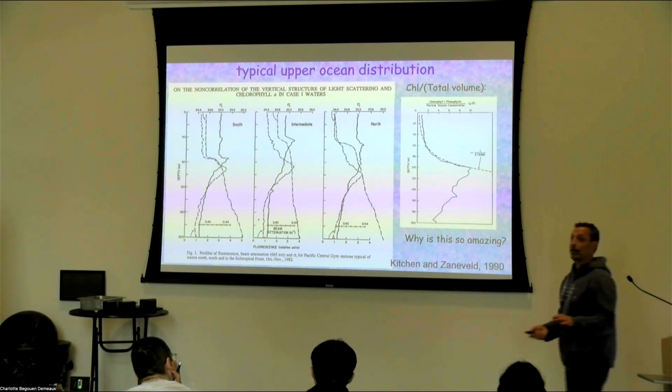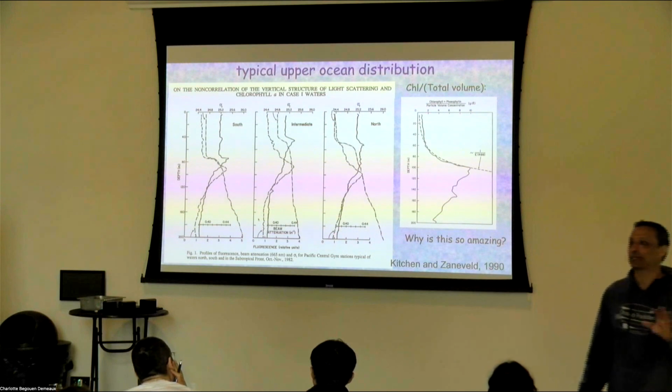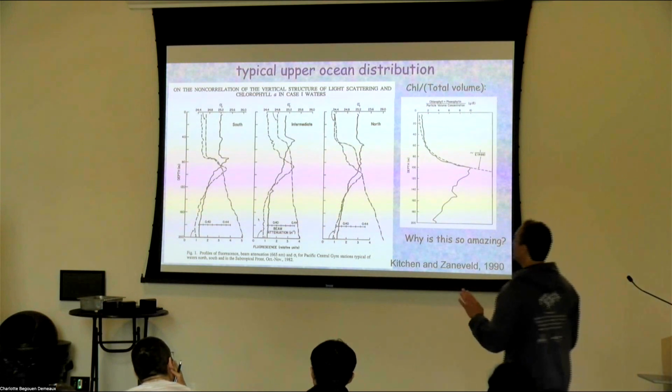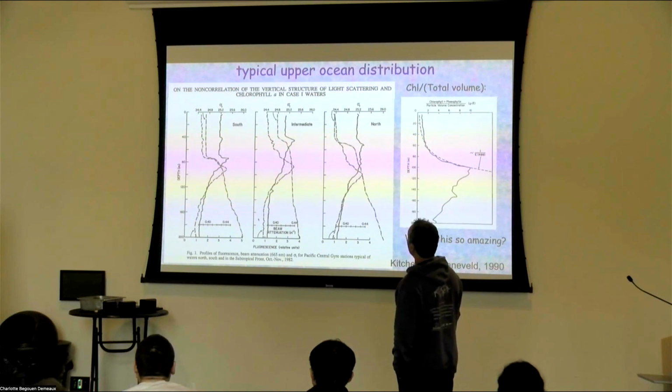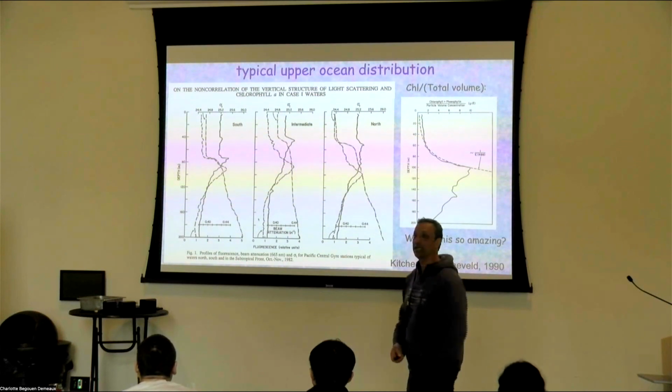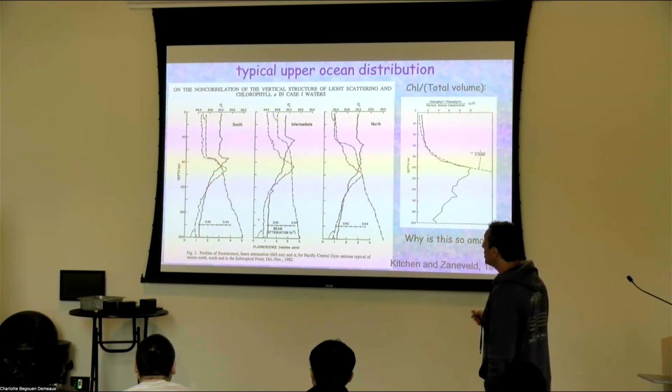This is the paper that completely changed my career. An amazing paper. The paper is about the non-correlation of vertical structure of light scattering and chlorophyll in saltwater. Now, why did they have to say those words?